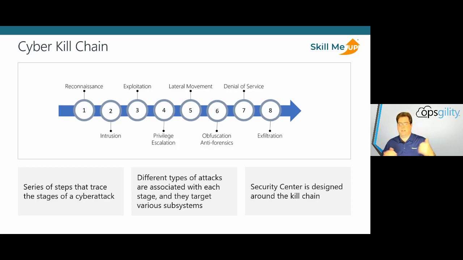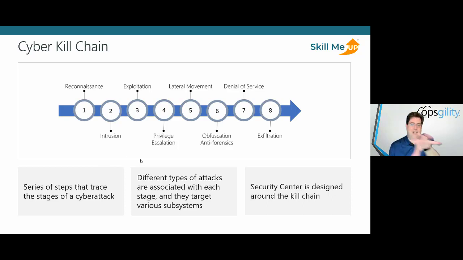We have reconnaissance and intrusion, exploitation, privilege access, and then they're going to use that privileged access to move around your environment. They're then going to try and cover their tracks with obfuscation and anti-forensics. Then they might try some denial of service type attack. Ultimately, they're going to try and exfiltrate. They're going to try and take over something or remove something, some sort of level of theft.